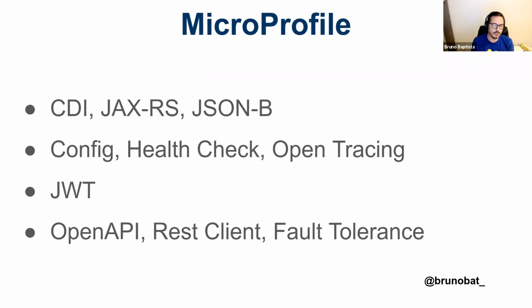OpenAPI to document your REST endpoints, REST Client for client requests from inside your service, and also fault tolerance functionalities. We can go through some of these APIs later in the demo that we are going to see.